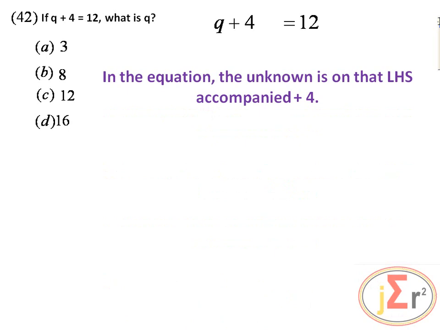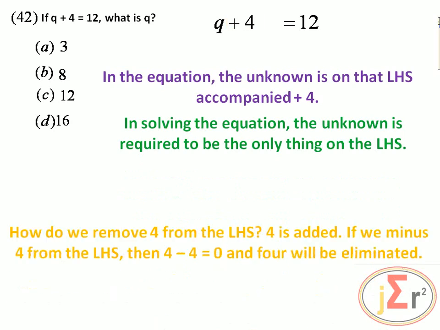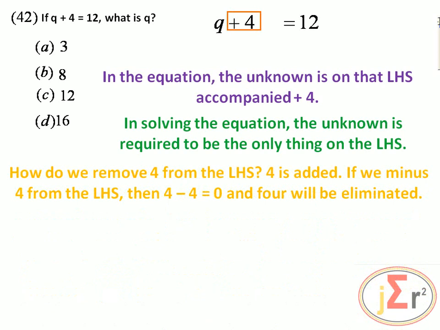In the equation, the unknown is on the left-hand side, accompanied by plus 4. So we will be sticking strictly to principle on this occasion. In solving the equation, the unknown is required to be the only thing on that left-hand side. How do we remove 4 from that left-hand side? By subtracting 4.